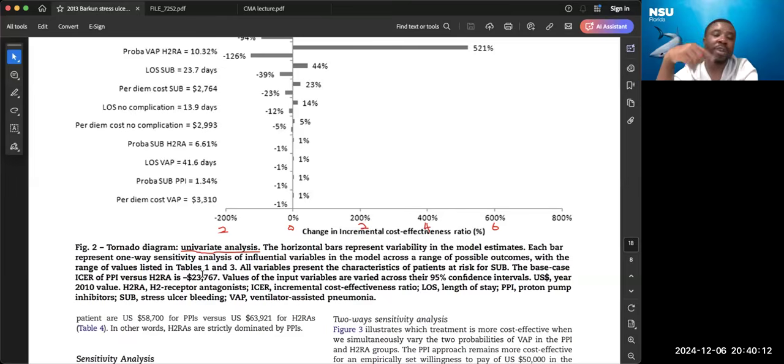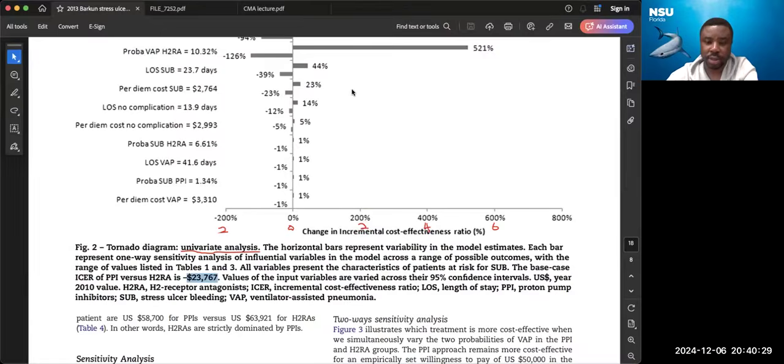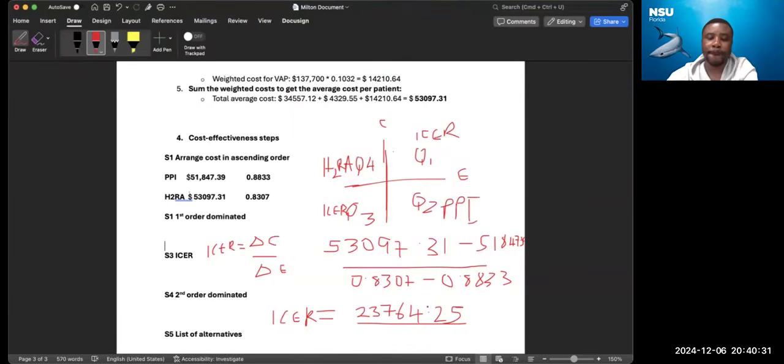If she's looking for the ISA in the article, then this is the answer, this one here. If she's looking for the ISA in the one that we did, then you have to look for this. So this is the ISA that we did, this one here.